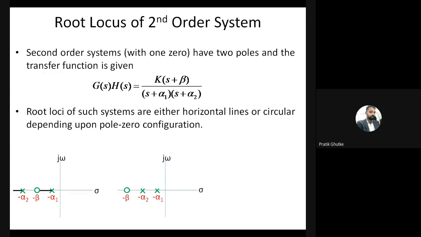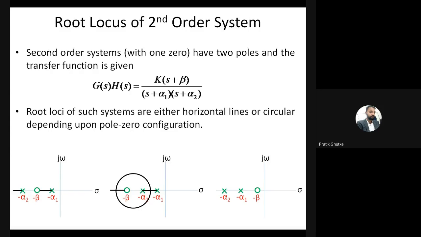And the root locus will look like, in the horizontal form or circular, depending upon your pole zero calculation. So these are just basic examples. They will not come in your paper, but we have to see how many poles are there, how many zeros, then how my root locus will look like. So these are typical examples.